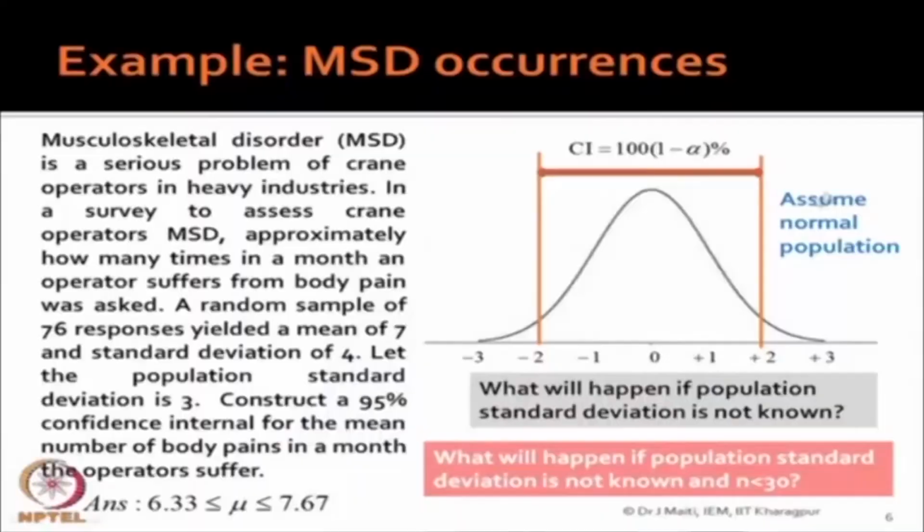Now, the next question is, what will happen if the population standard deviation is not known? You will use S, that is, sigma square will be replaced by its estimate S square.